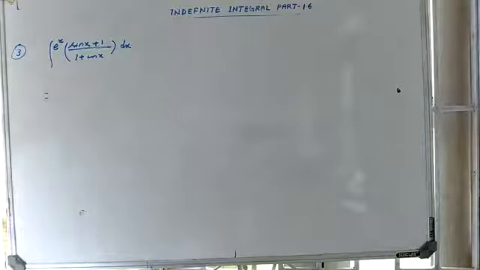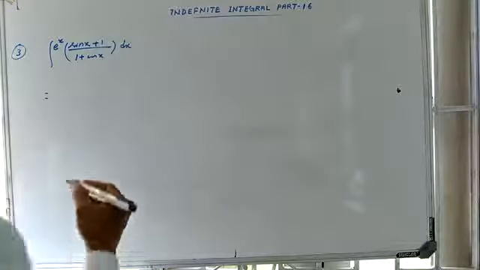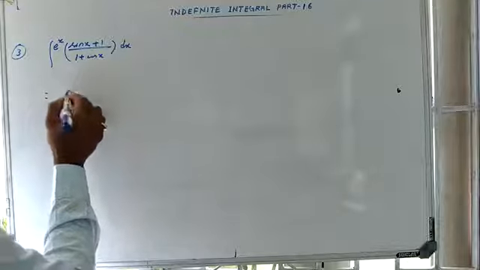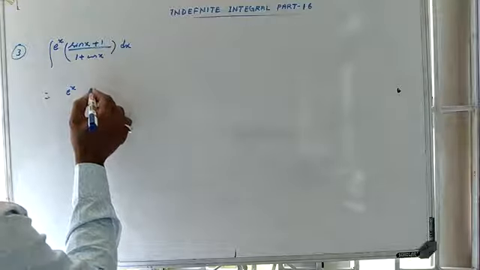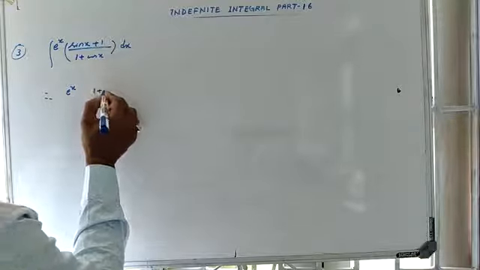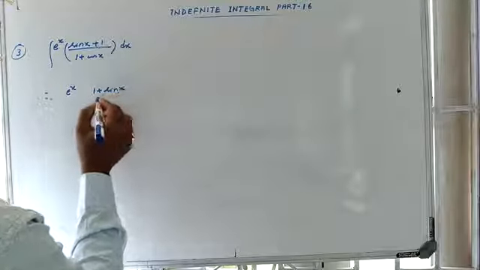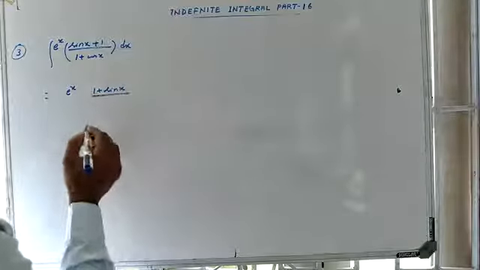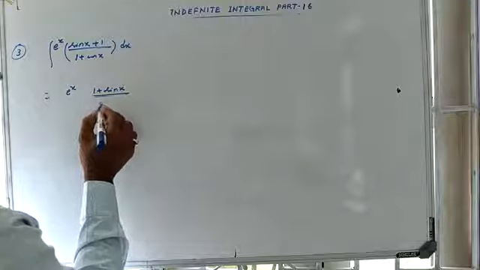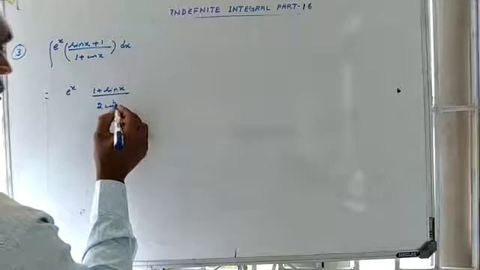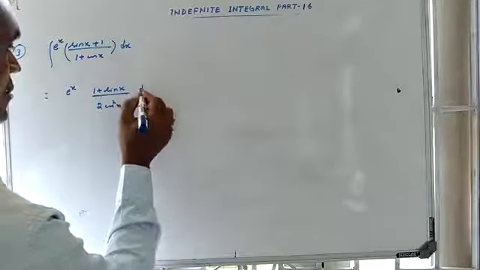Again we can reduce it to that form. So e to the power x and 1 plus sin x divided by 1 plus cos x, where 1 plus cos x is 2 cos square x by 2, dx.